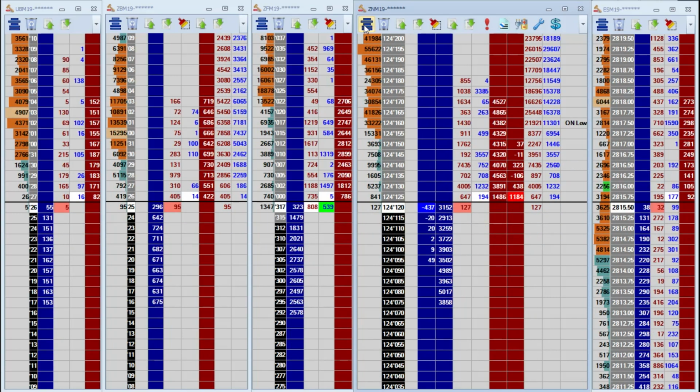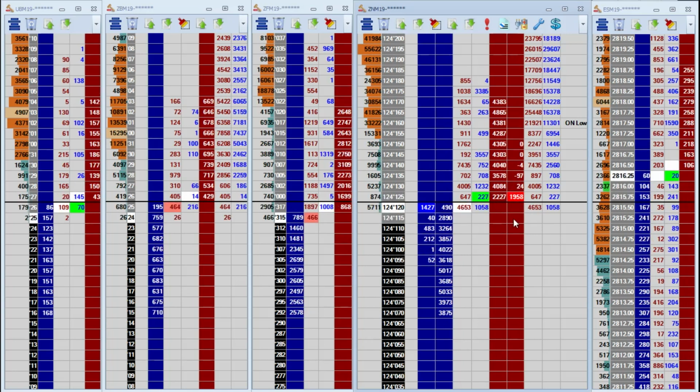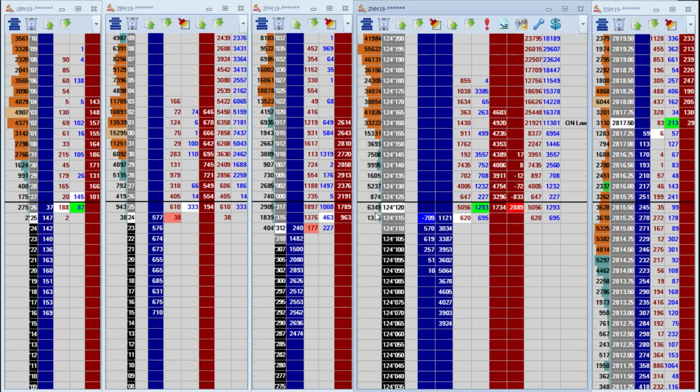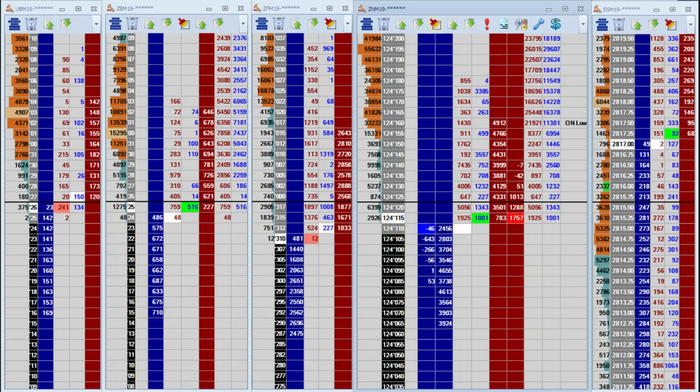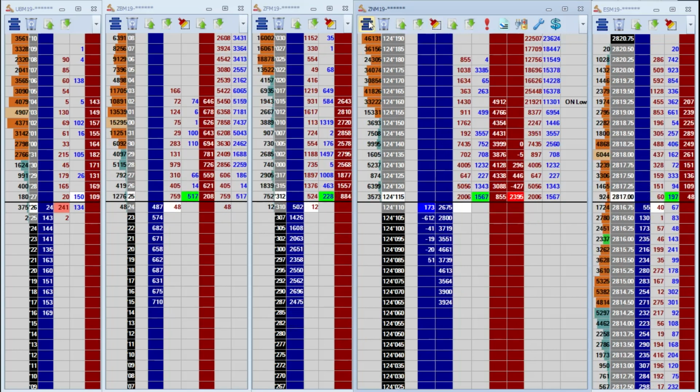That's one setup I could see right now. The other one is trying to look for absorption. You want to see buyers sucking up all this selling at some point. You can see a nice little volume node develop over here, and then fade it back up towards the range. Two trade ideas, that's what we're looking for.